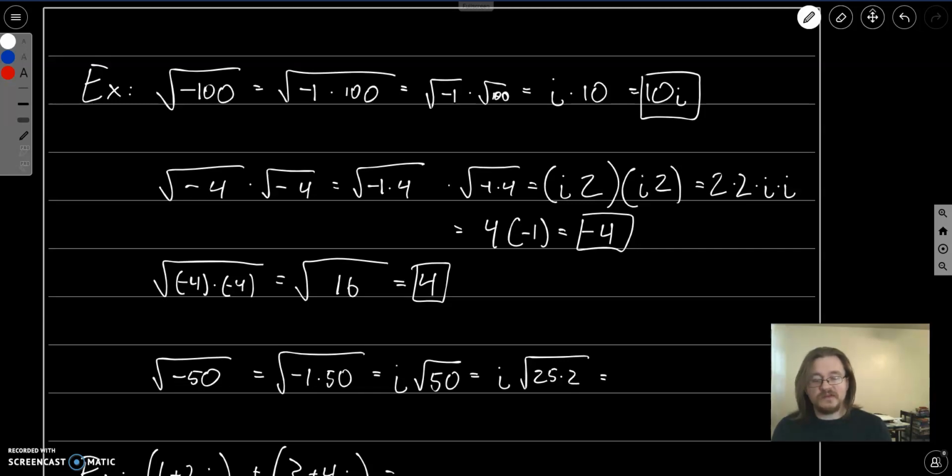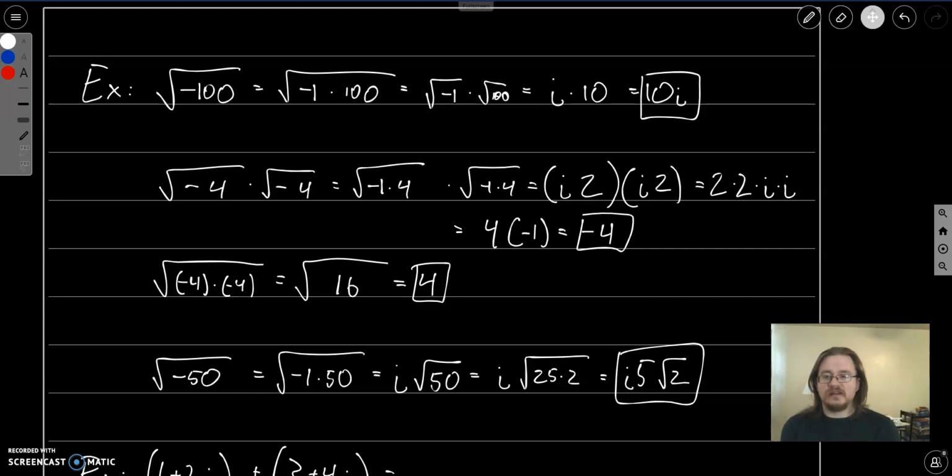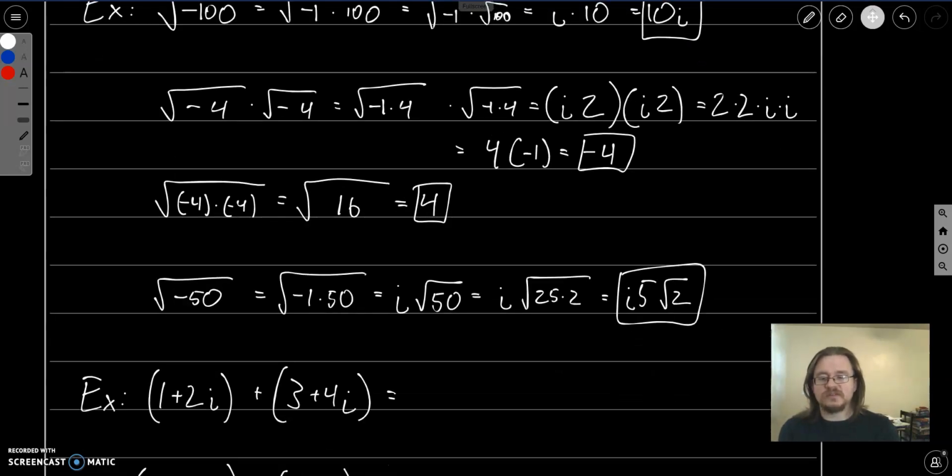The square root of 25 is 5, but the square root of 2 we can't simplify. So this is going to be i times 5 square root of 2, and we can't simplify this anymore. These are just some examples of taking square roots.